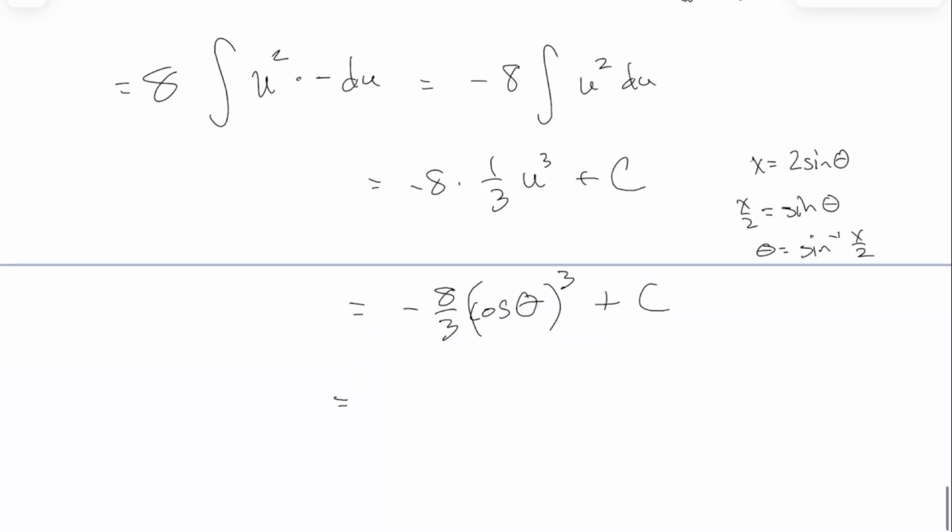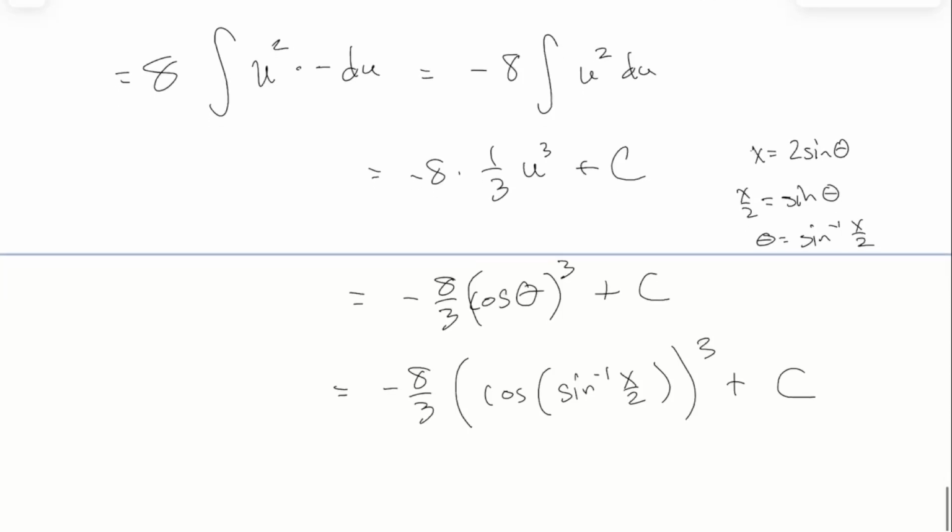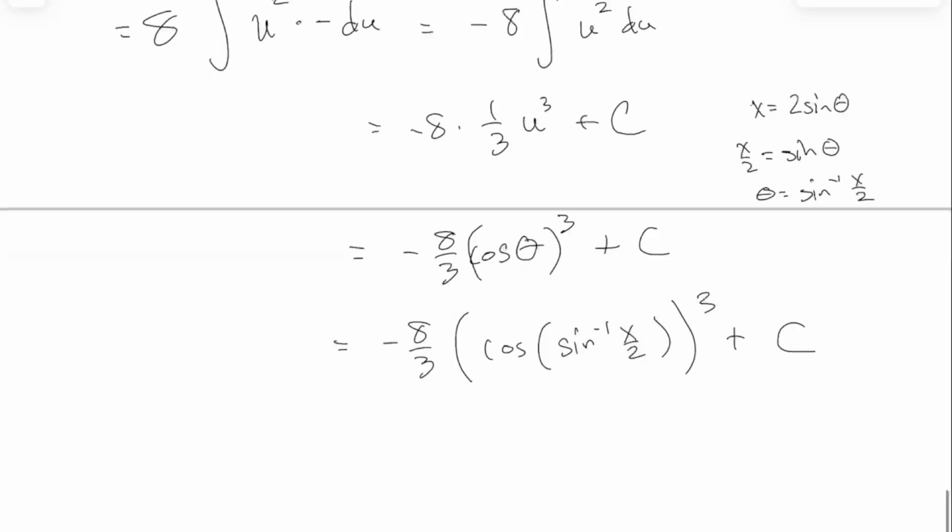So this is minus 8/3 cosine of inverse sine of x over 2, all of that cubed. This is pretty good, but I said specifically at the beginning, simplify all of the inverse trig functions in your answer. So I need to simplify cosine of inverse sine of x over 2.